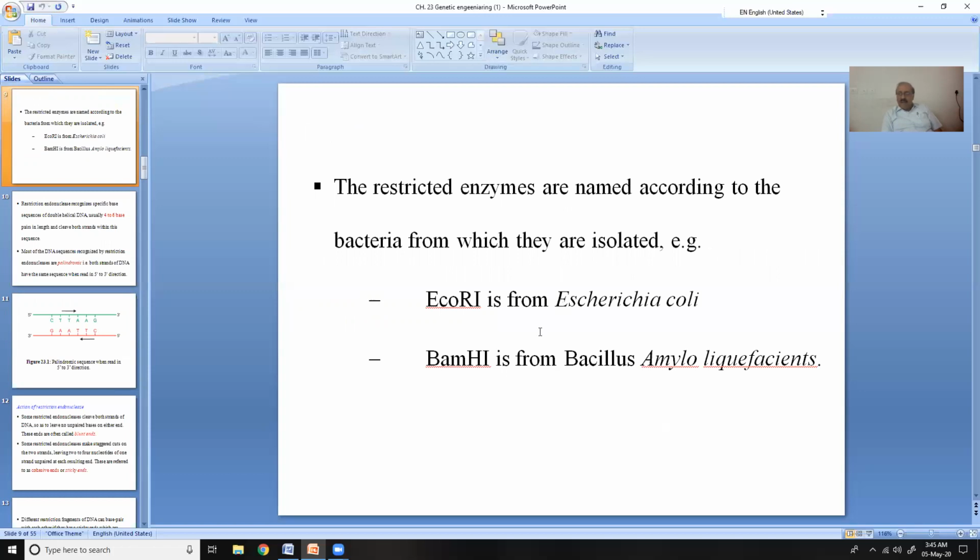EcoR1 is from E. coli. BamH1 is from Bacillus amyloliquefaciens.